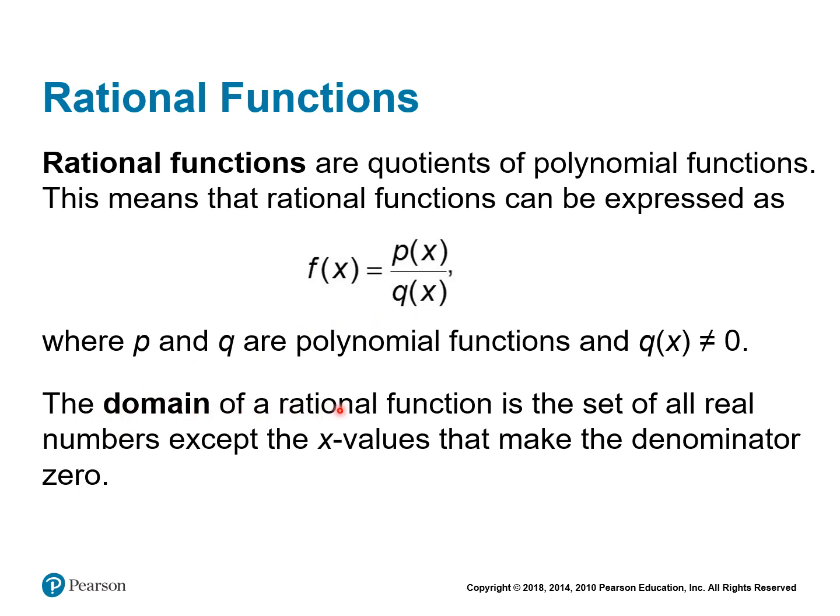Now the domain of a rational function is the set of all real numbers except the x values that make the denominator 0. So when we go to find our domain, it says here q of x can never be 0. So we have to exclude those values of x from the input to the function, which will make the denominator equal to 0.